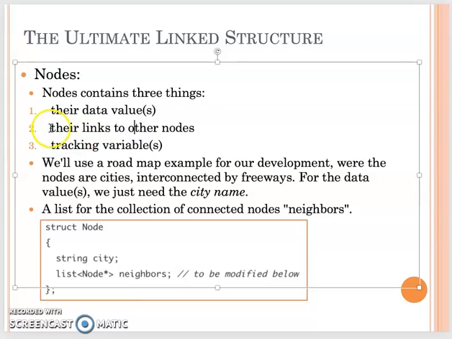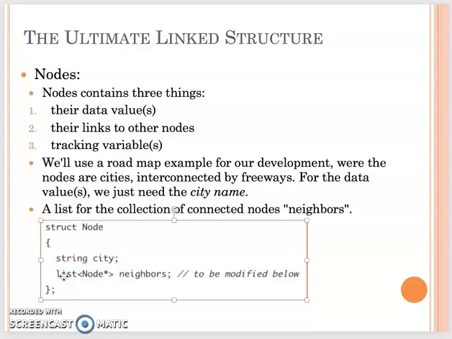This group of data is actually the links, and each link connects to other nodes. That's why here we are using the list, which we used when we implemented the hash table. So we use the list of the node. That's our collection of the links to connect to other nodes, so that's why we call them the neighbors.